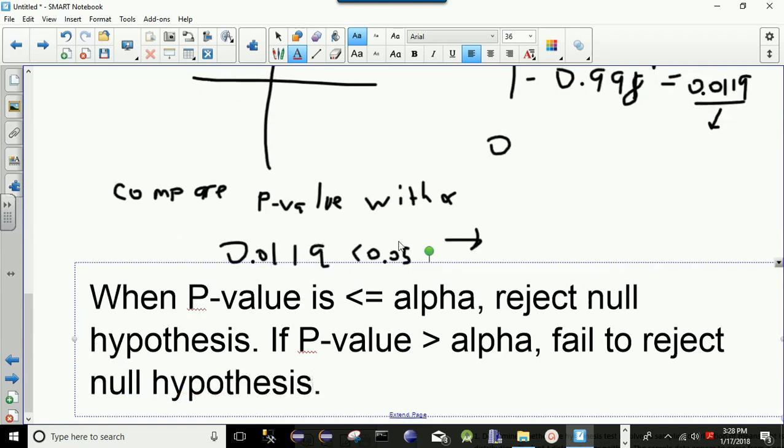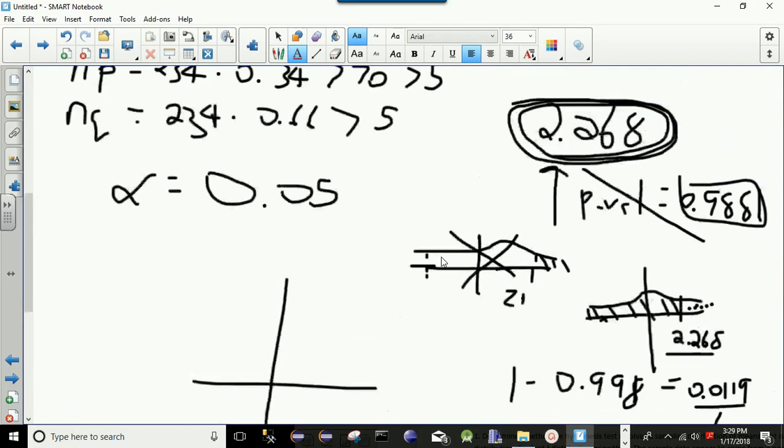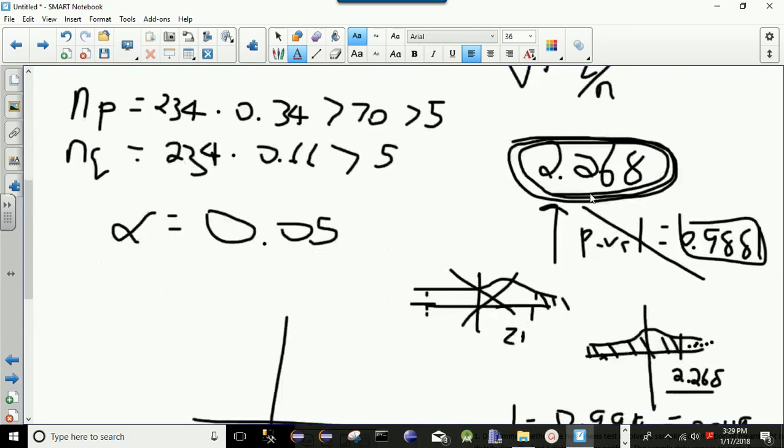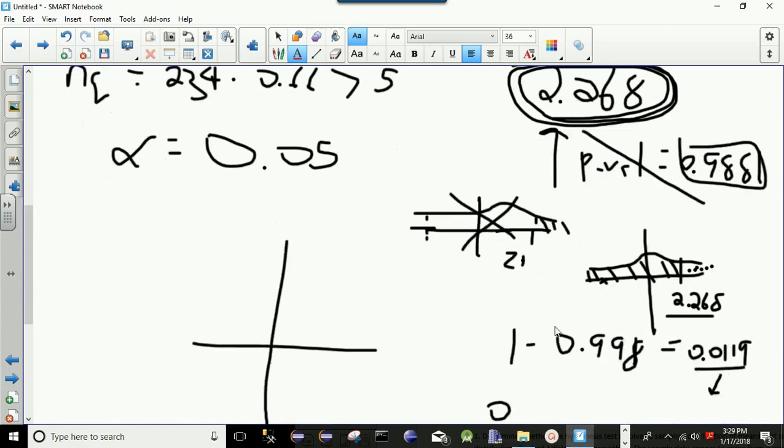All right, so that's the p-value test. P-value for a right-tailed test: you calculate the area to the left of the test statistic, then you subtract that area from 1 to get the area to the right of the test statistic, and that's your p-value for a right-tailed test.